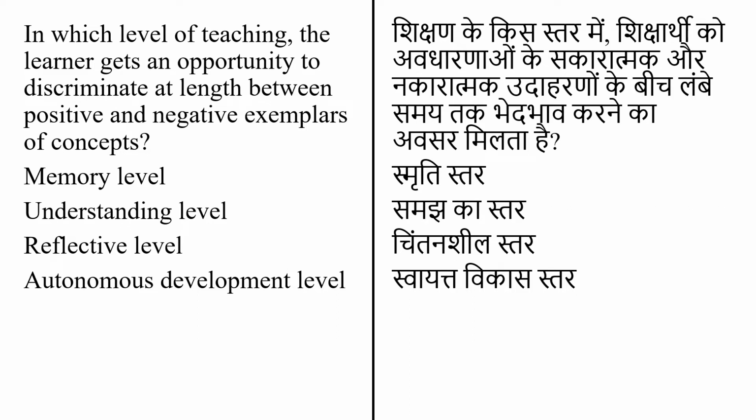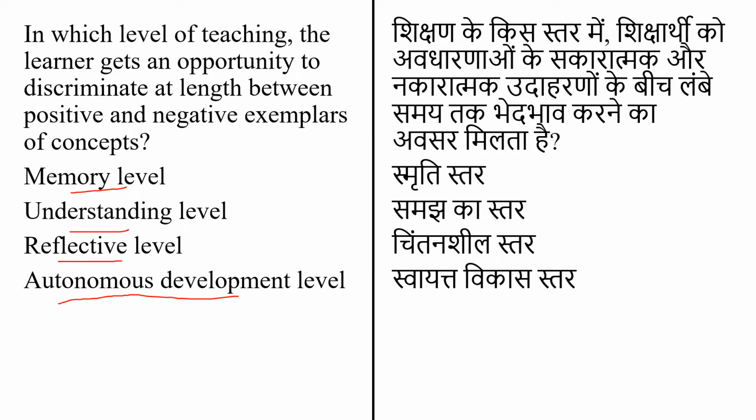There is a memory level, then an understanding level, then a reflective level, and an autonomous development level is also there. So in this question they ask which level gives the learner the opportunity to discriminate between the positive and the negative explainer of the concept.